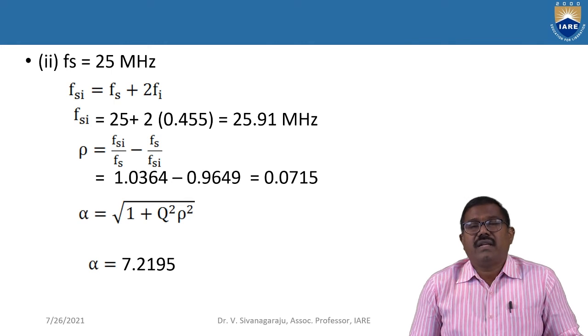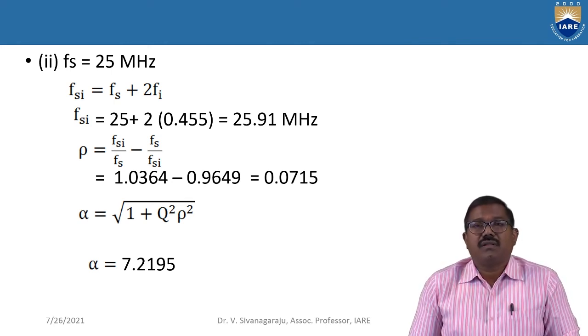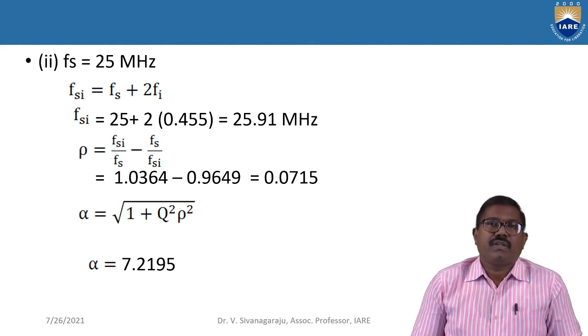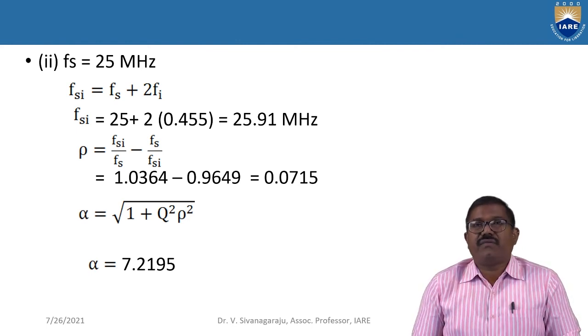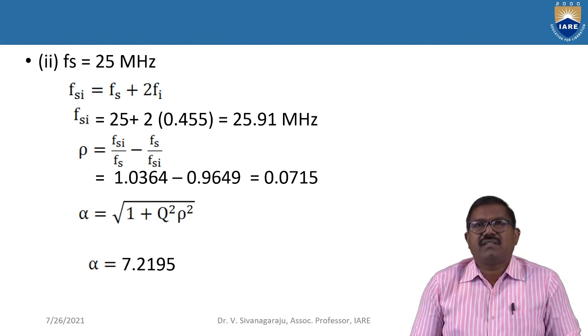Another one is we are going to find rho, because alpha is equal to the square root of 1 plus Q square into rho square. So rho is Fsi by Fs minus Fs by Fsi. Fsi is 25.91 and Fs is 25 megahertz.